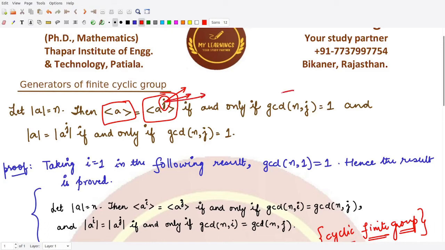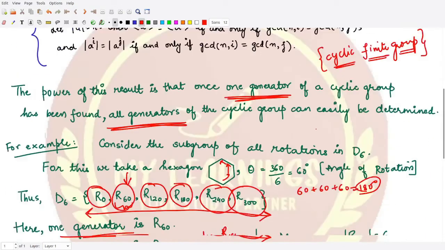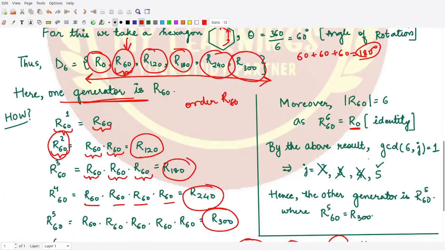For that, we can make use of this: the GCD of n, which is the order of this element A, and j should be equal to 1. So using this, the GCD of the order of the element, which is R60 in our case, and its order is 6, so we have 6 here. We want to calculate j such that the GCD should be equal to 1.